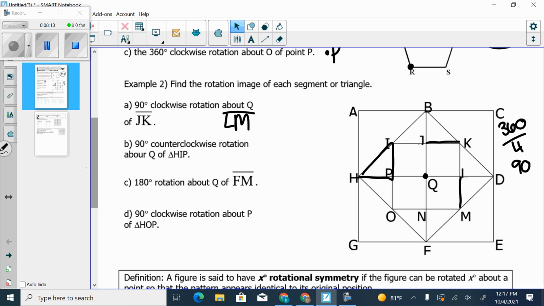Okay? So HIP would end up on top of what down here? Right, this one right here, whichever combination of the 3 letters you use. So triangle FON, NOF, whatever.